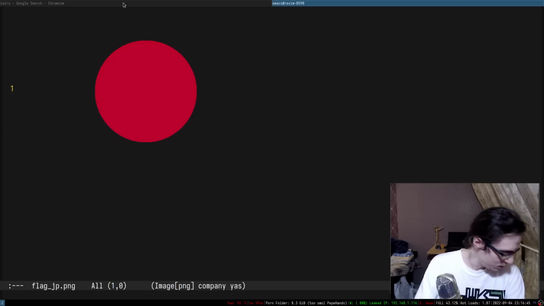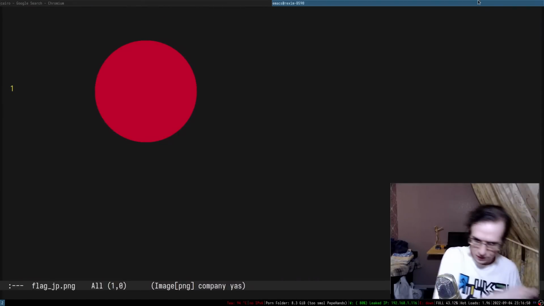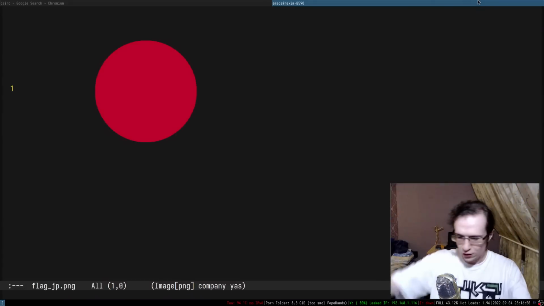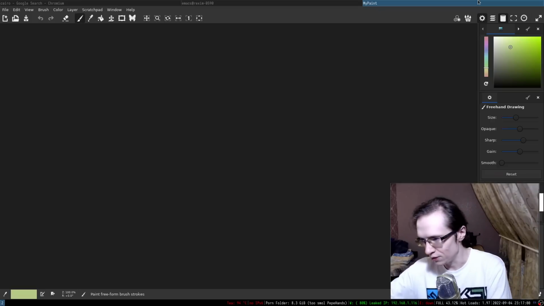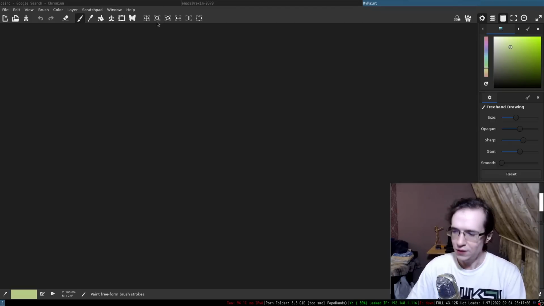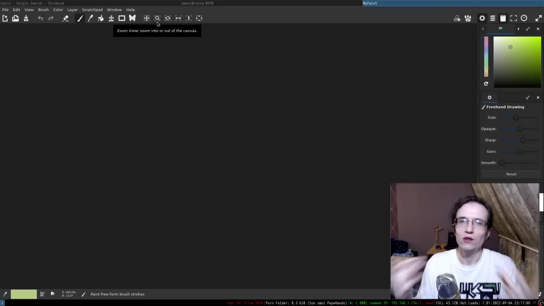Speaking of how anti-aliasing works, it actually works on a level of subpixels. If we take a look at the pixels, you can treat a pixel as a square. That means your screen is a grid of squares.